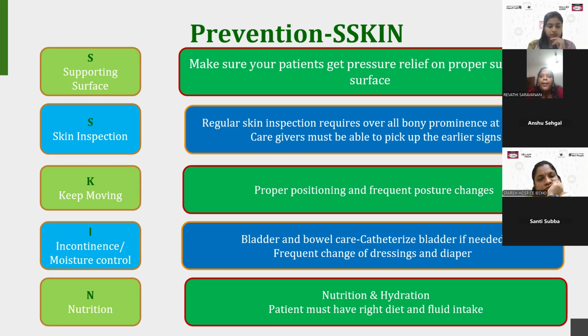If the patient is prone to pressure ulcers, prevention is better than cure. First you have to teach the caretaker to inspect all areas and pick up the earlier signs.